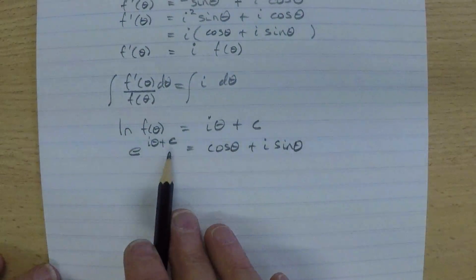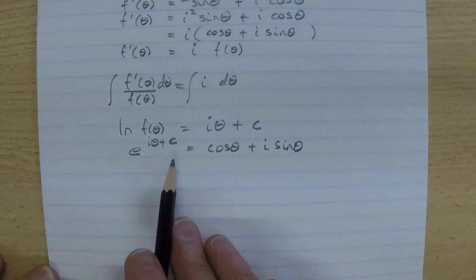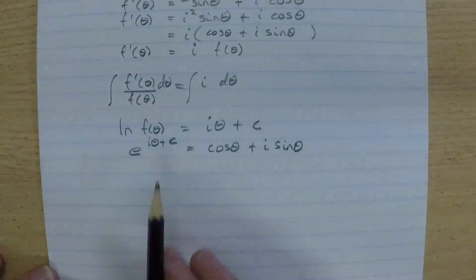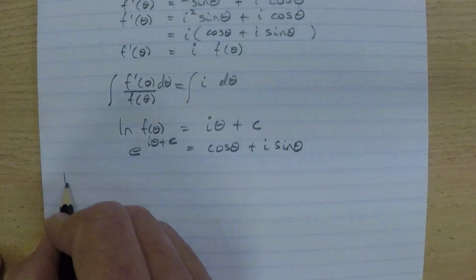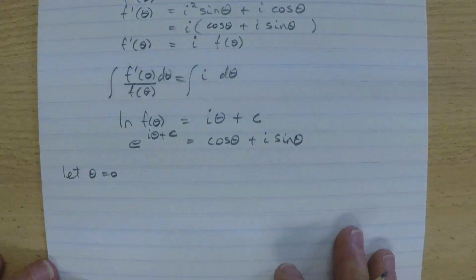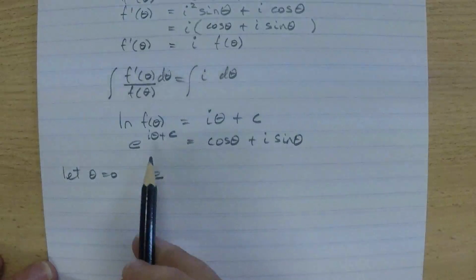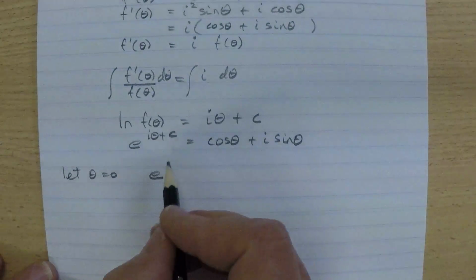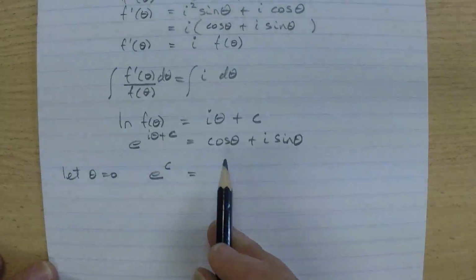Now the constant of integration. We need to evaluate this formula for some given value of theta that we know. We can choose. We will let theta equal 0 for convenience. Then this becomes 0 multiplied by i is 0, so this is just e to the power of c.